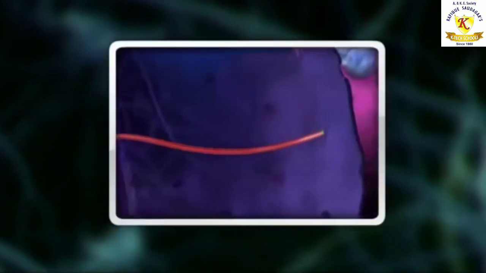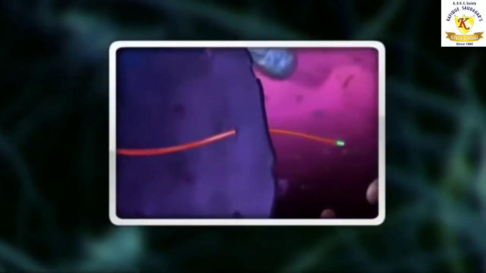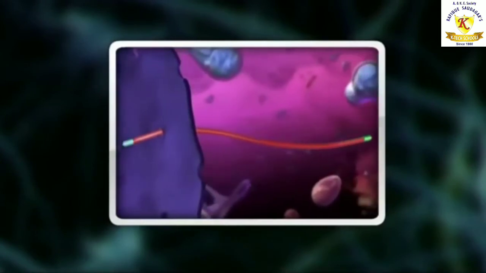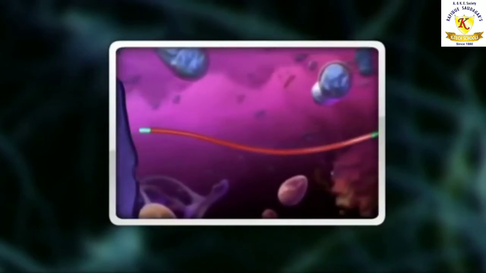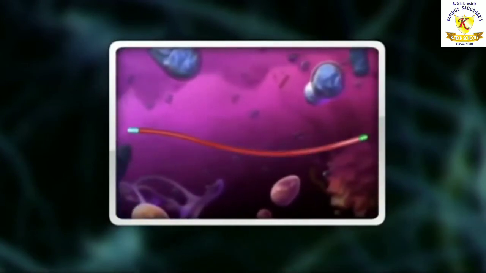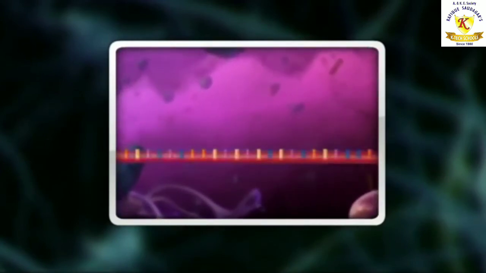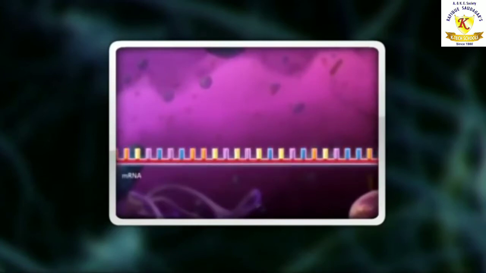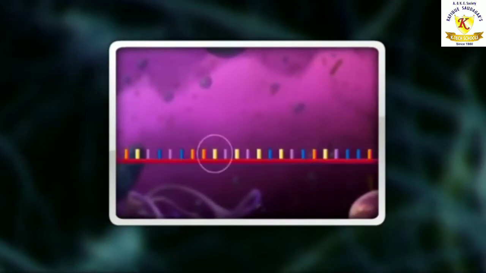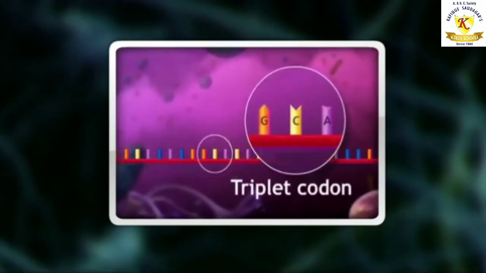The mRNA formed in nucleus comes in cytoplasm. It brings in the coded message from DNA. The message contains the codons for amino acids. The code for each amino acid consists of 3 nucleotides. It is called as triplet codon.